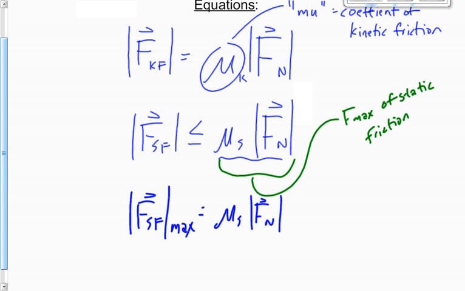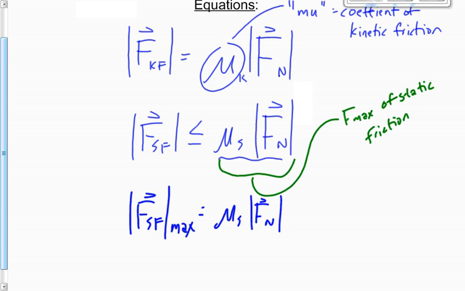Okay, when I multiply mu between Tyler's desk and the floor by the normal force of his desk and the floor, we get 50 newtons, the maximum force of static friction. That's not the value for static friction, that's the maximum possible value. The value will always be equal to that number or less than that number.